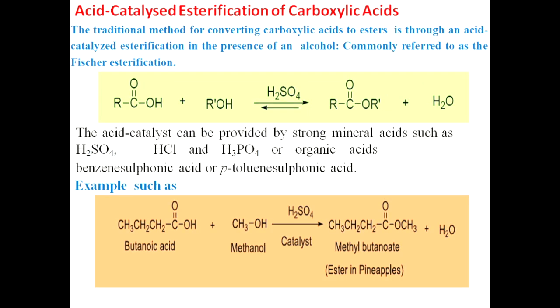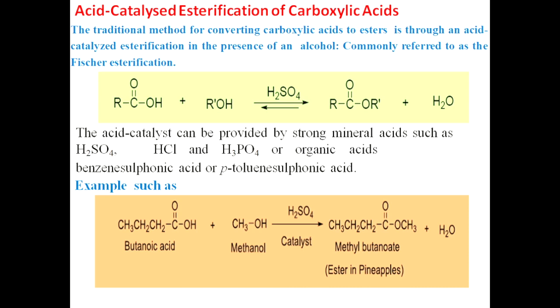Now, acid catalyzed esterification of carboxylic acid. When carboxylic acid reacts with alcohols in the presence of acids, they react and form esters. So when the carboxylic acid reacts with alcohol in the presence of acid, it undergoes the esterification reaction. The acids are mineral acids, sulfuric acid, HCl, phosphoric acid, or organic acids.